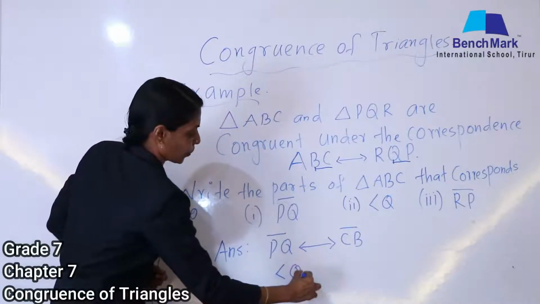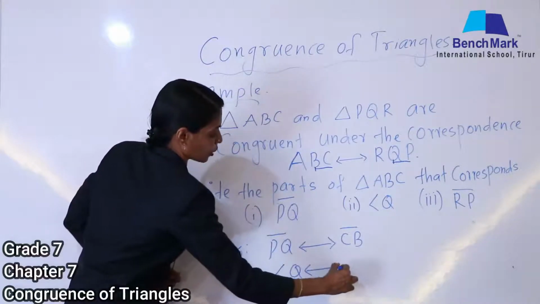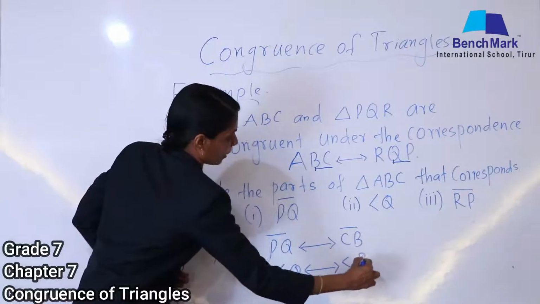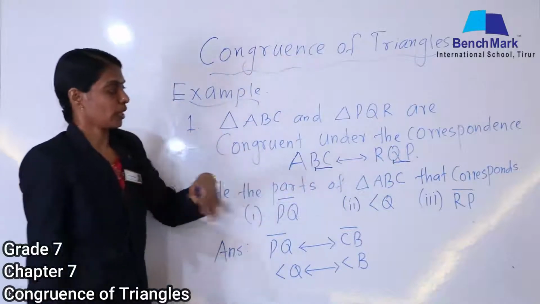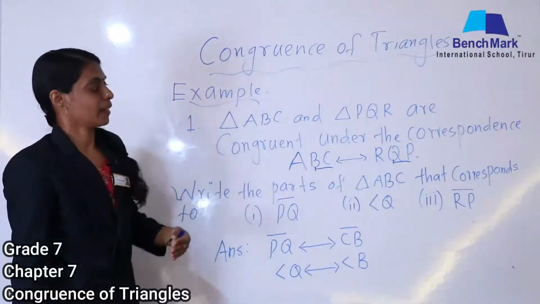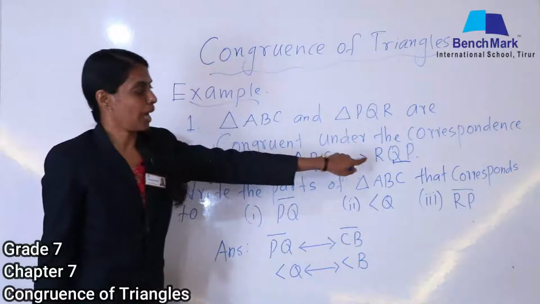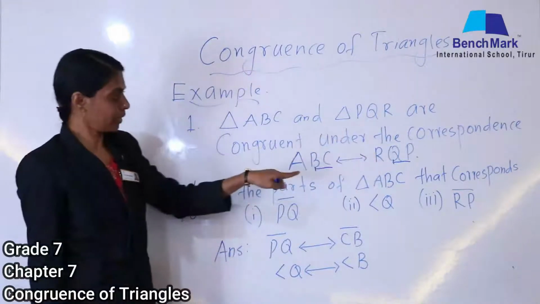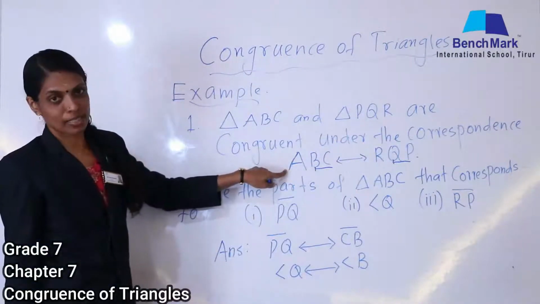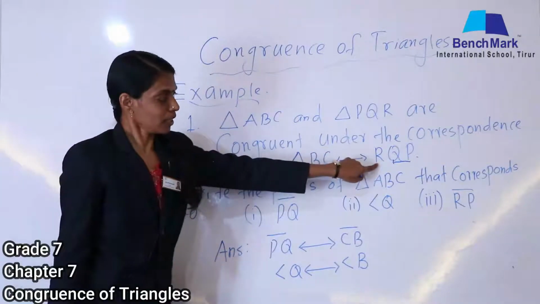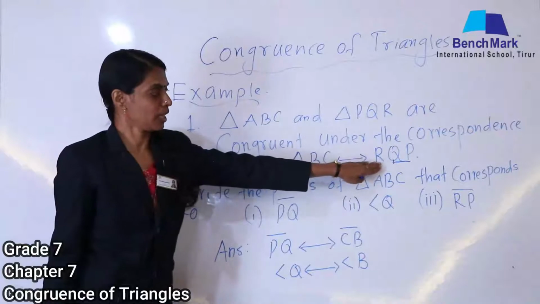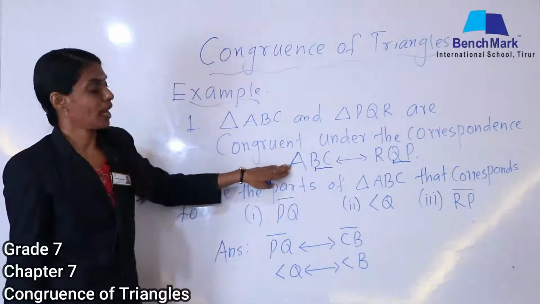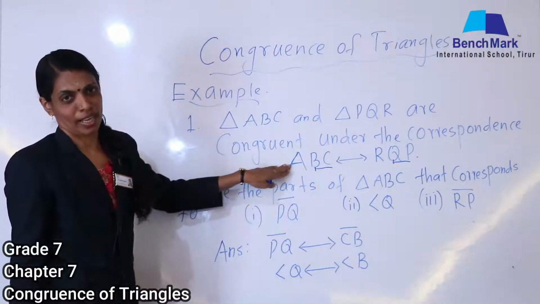Angle Q is corresponding to angle B here. Okay, seeing the position. So, if I ask you, can you tell me the angle which corresponds to angle R in the triangle ABC? Yes, by seeing the position, here is angle R. So, it will be angle A, the corresponding angle.